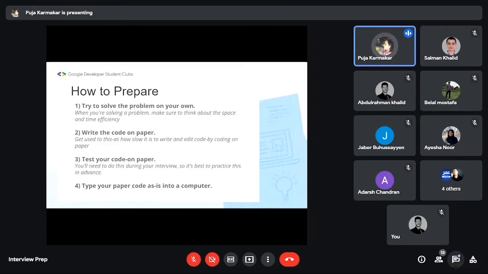You have to test your code on a white background or maybe a shared document. You will be the one testing it and the one writing it. So why not practice it beforehand? The more you practice by yourself on paper, testing it yourself, the better you get.